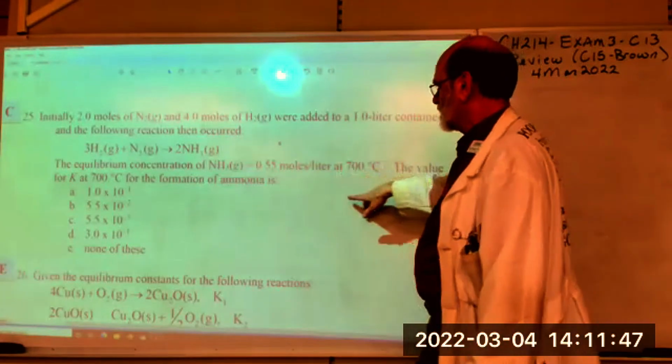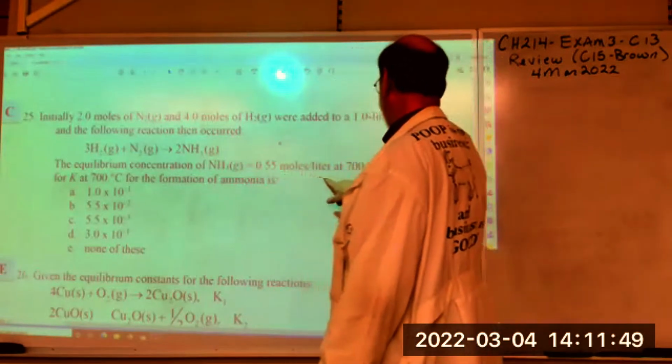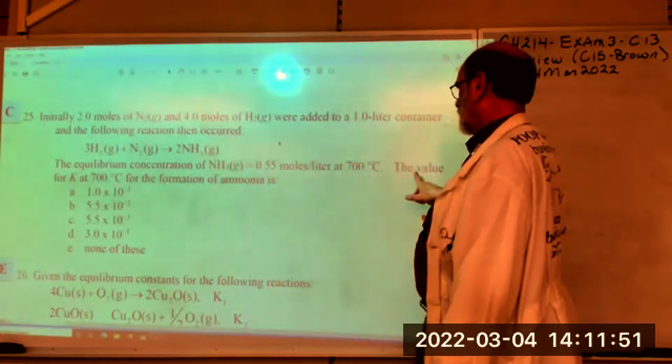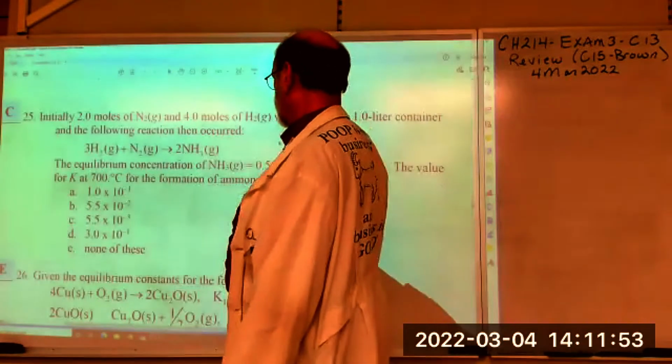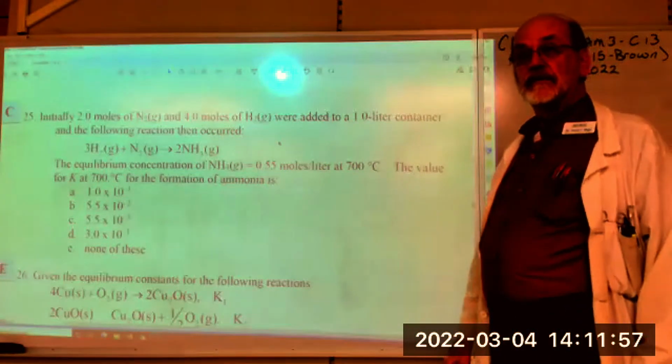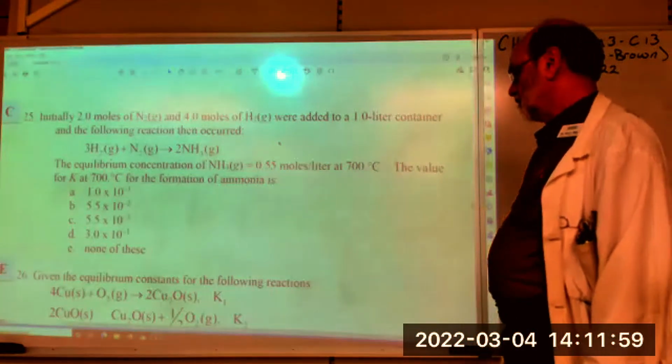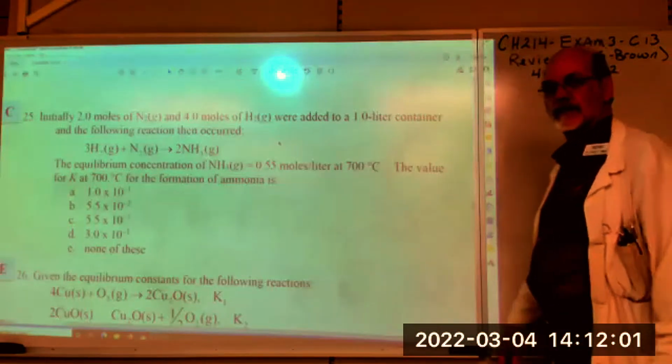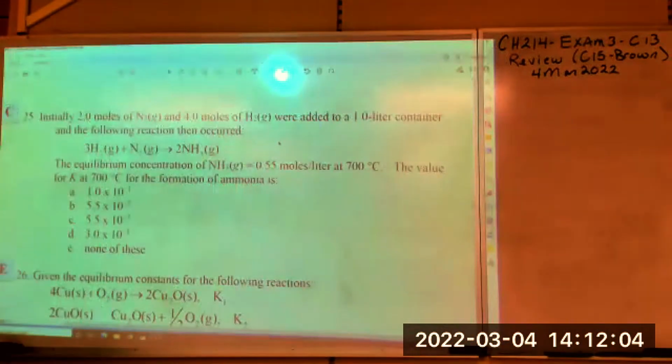Equilibrium concentration of ammonia is 0.455 at 700. Find the value of K at 700 for the formation of ammonia. We can do that one with an ICE table. I think you can do that one, so I think we can skip this one. That was easier than the one before.